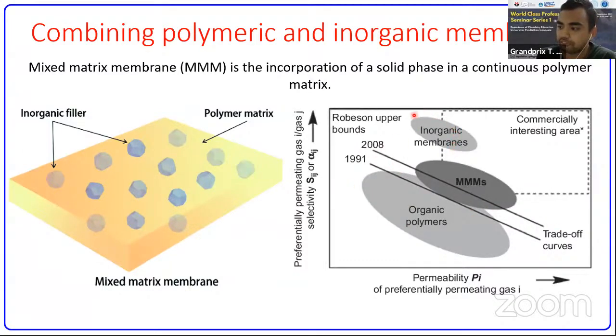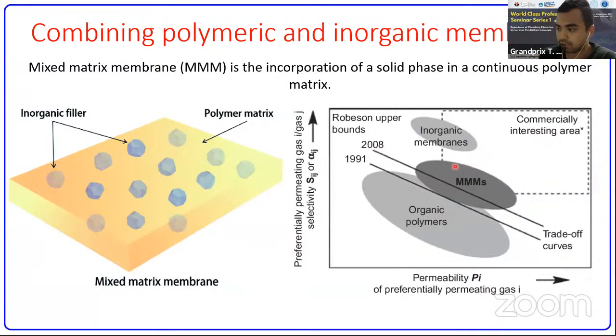But if we combine the inorganic and organic polymers into mixed matrix membranes or MMMs, the performance is slightly below the inorganic membranes, but the technical disadvantages within the inorganic membranes can be offset, can be compensated by the polymers.